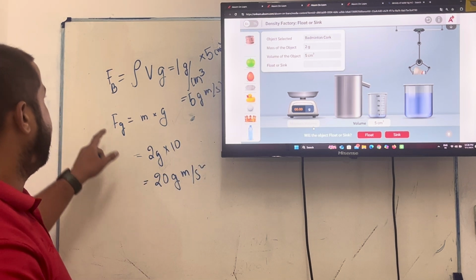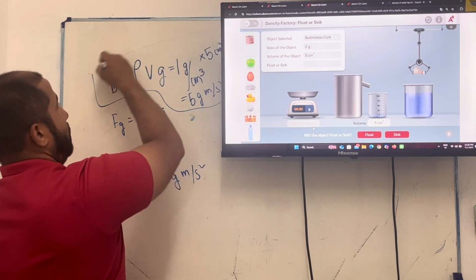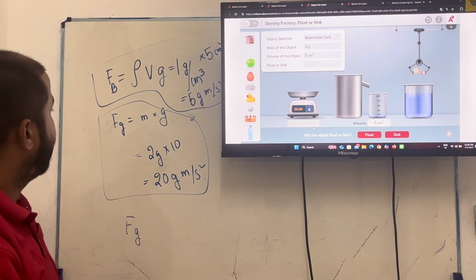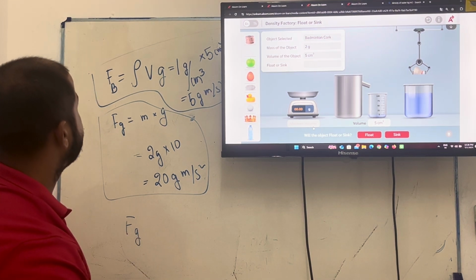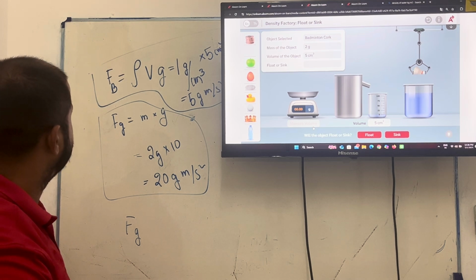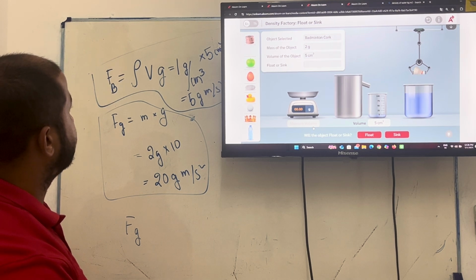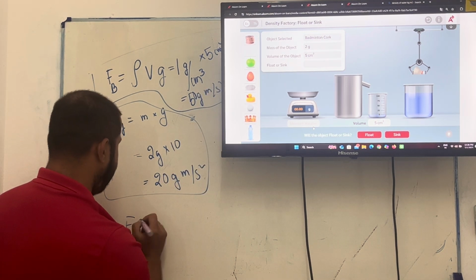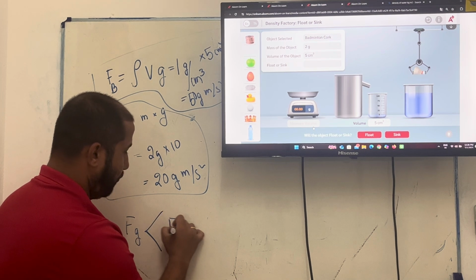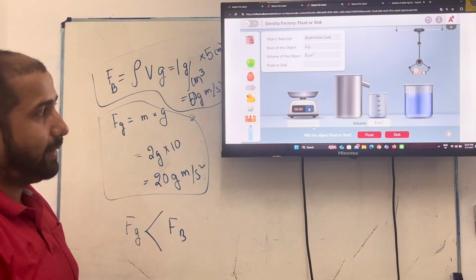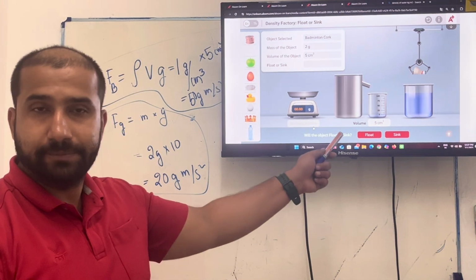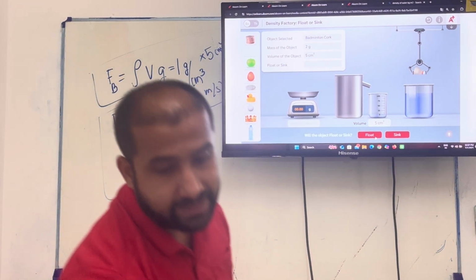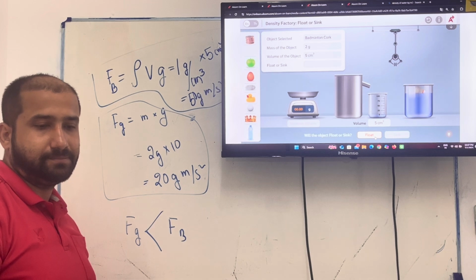Now, as we can see from equation 1 and 2, the force due to gravity is much smaller than the force due to buoyancy. So what will happen to the object? It will sink or it will float. Since the buoyancy force is more, that means it will stay afloat.